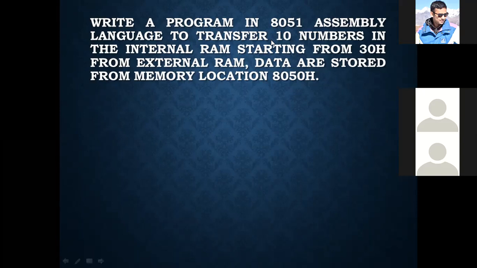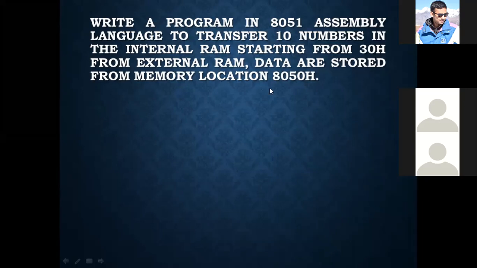So first we initialize. How to initialize? The microcontroller should understand the 8050H memory location and the 30H memory location, right? So to initialize, what do we need to do? The data pointer register we will use.